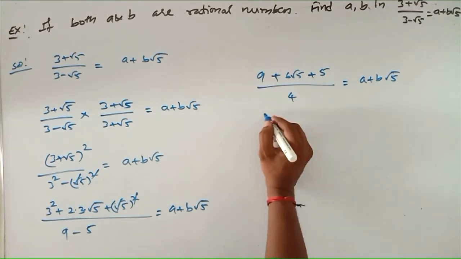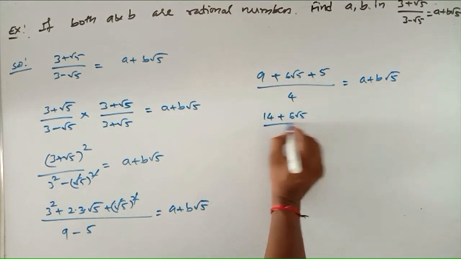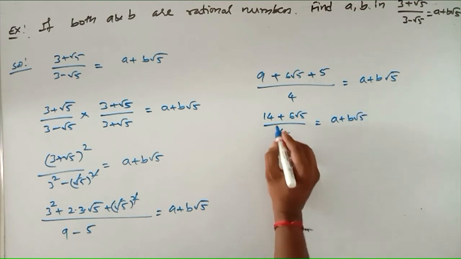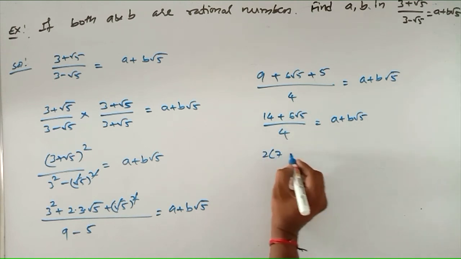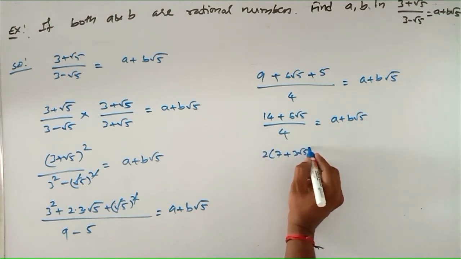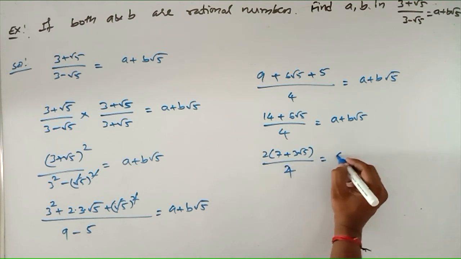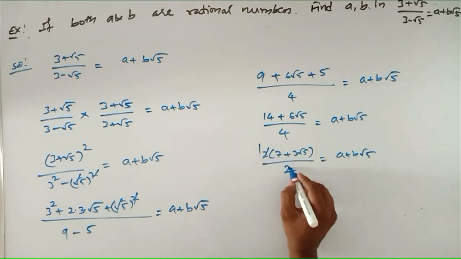9 plus 5 is 14 plus 6 root 5 by 4 is equal to a plus b root 5. So I am taking 2 common, 2 into 7 plus 3 root 5 by 4 is equal to a plus b root 5. 2 1s are 2, 2 2s are 4.